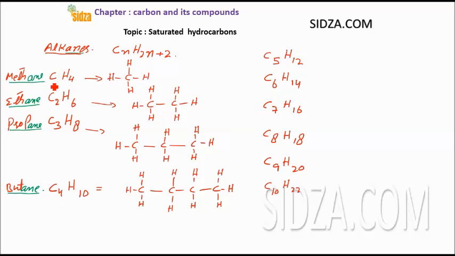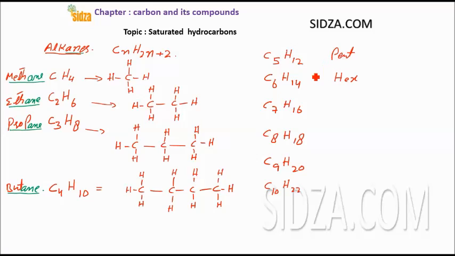So when we name it, here it's methane, ethane, propane, and butane. So we use the terms meth, eth, prop, but for carbon 1, carbon 2, C3, C4. If you have a hydrocarbon that contains only one carbon, we use the term meth. For two carbon atoms, we use the term eth. For 3 carbon atoms, we use prop. 4, but. 5 carbon atoms, it will be pent.